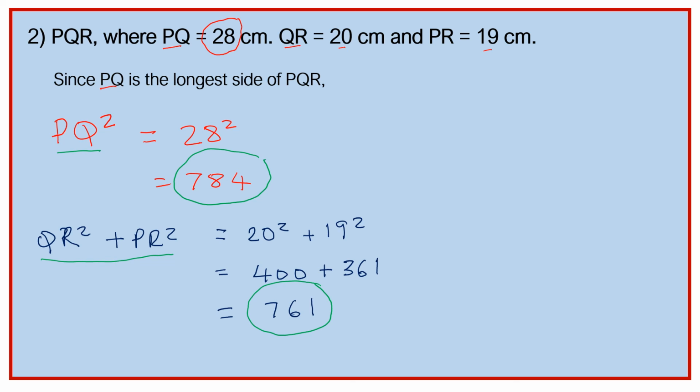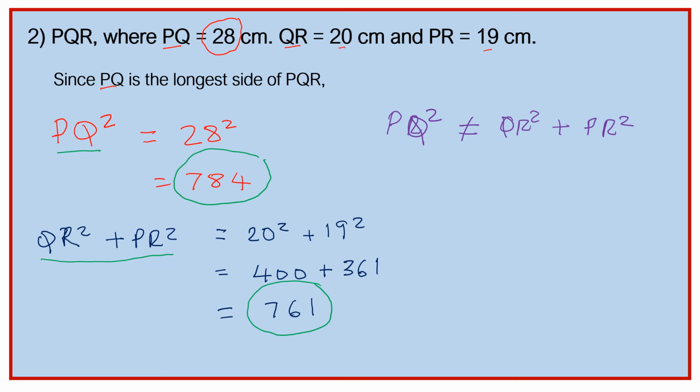Is this a right triangle or not a right triangle? What do you think? You can see that PQ squared is not equal to QR squared plus PR squared.